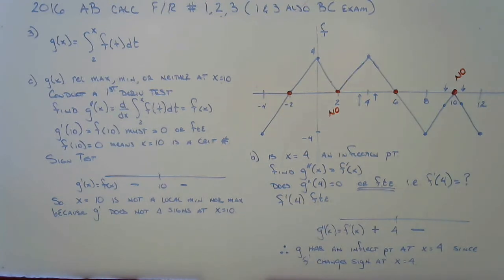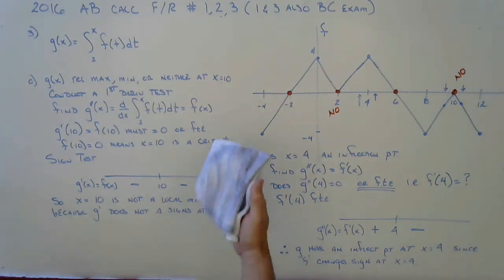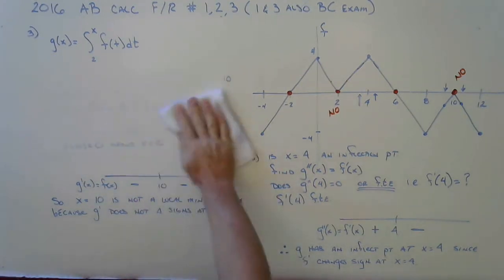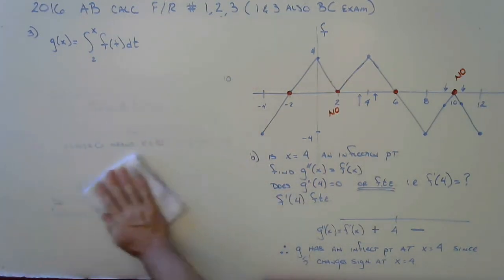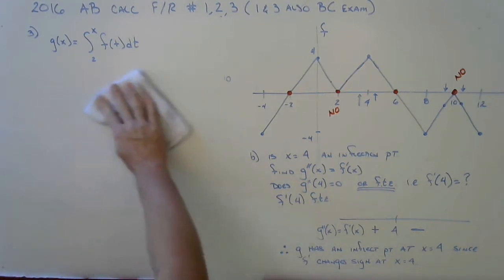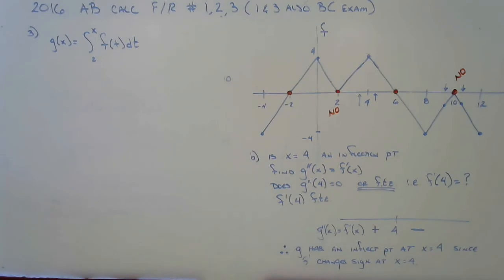So in part C, where they ask us where the absolute min and the absolute max are, let's just make some room right here. We want the absolute min and the absolute max.